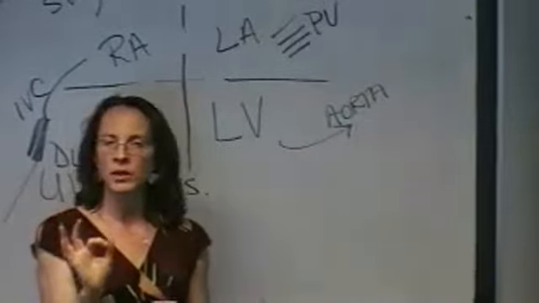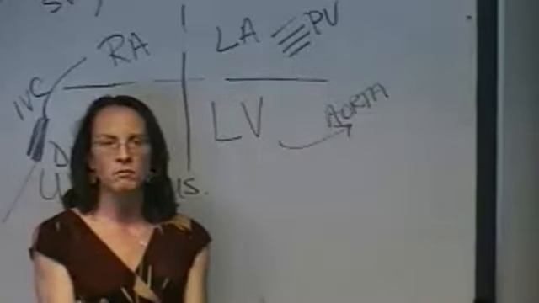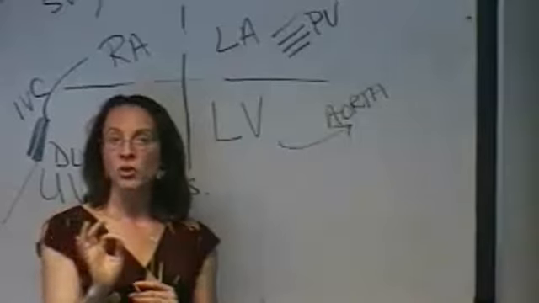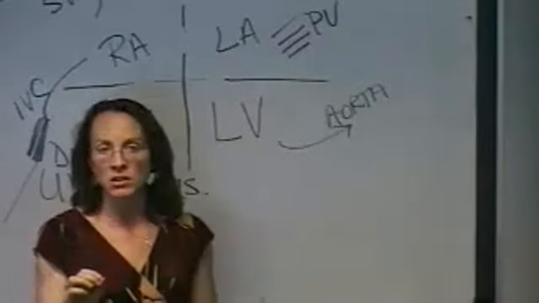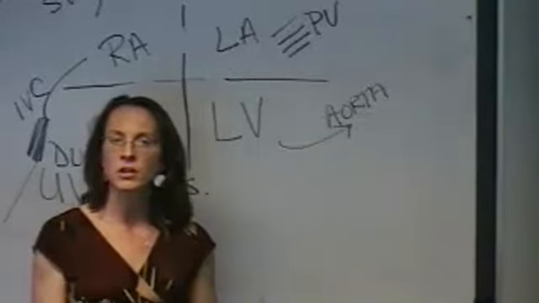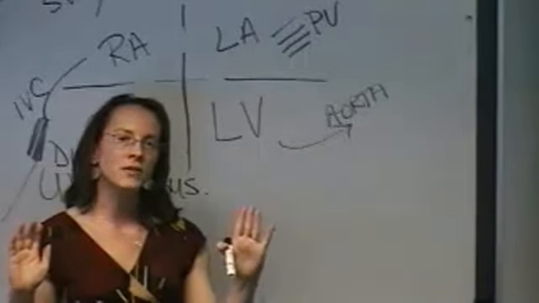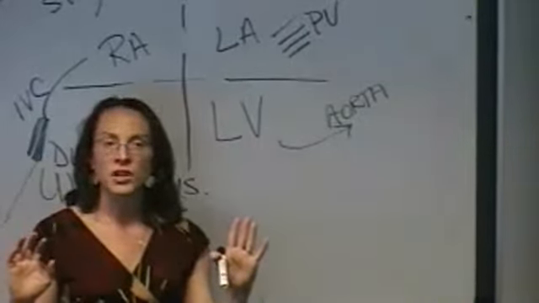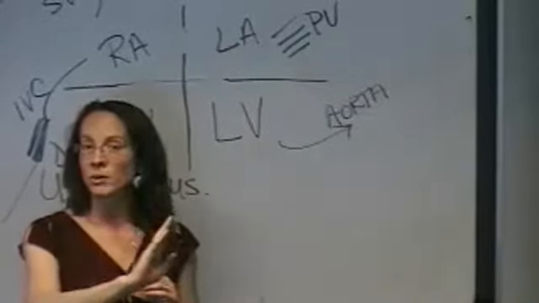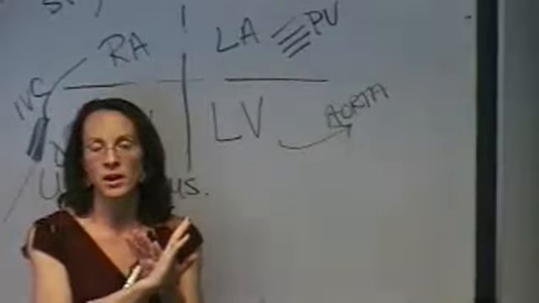So two fetal shunts that are really important because I know this is a lot of verbiage here. There's foramen ovale and there's ductus arteriosus. Foramen ovale is the hole in the heart. It's between the right atrium and the left atrium. Ductus arteriosus is the artery that's going to be between the pulmonary trunk and the aorta, okay?